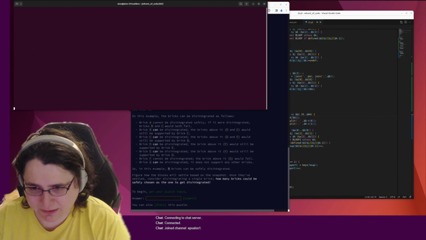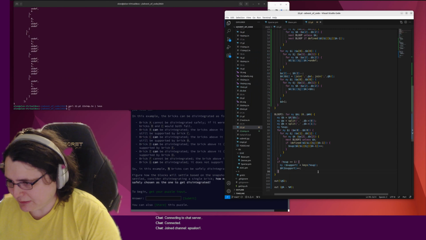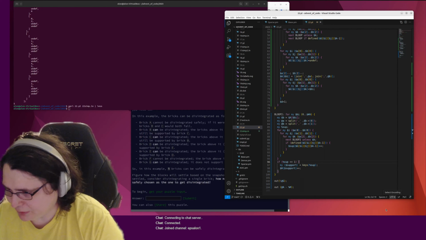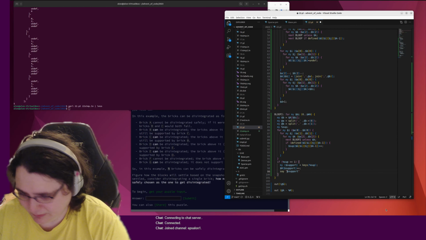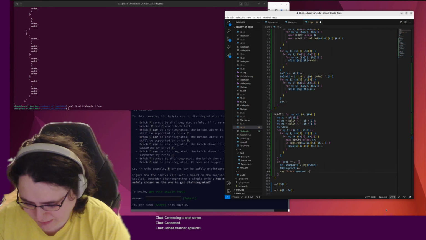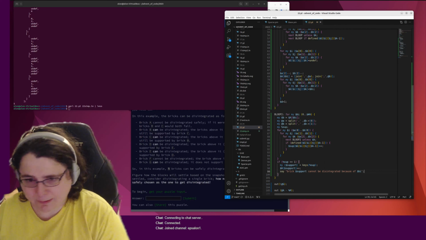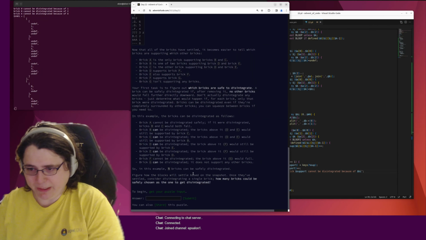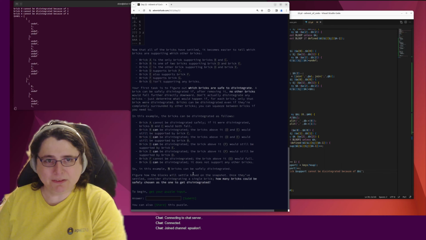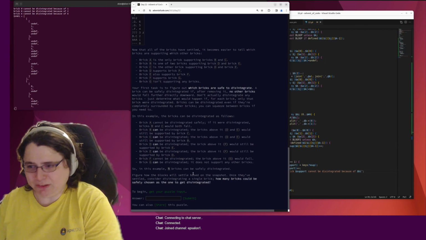Let's see what we know here. If sub equals 1, say brick cannot be disintegrated because of. Brick 0, a, cannot be disintegrated because of 1 and 2, which is B and C. Correct. Brick 6 cannot be disintegrated because of 6.